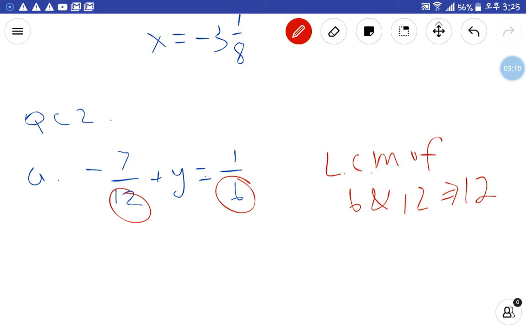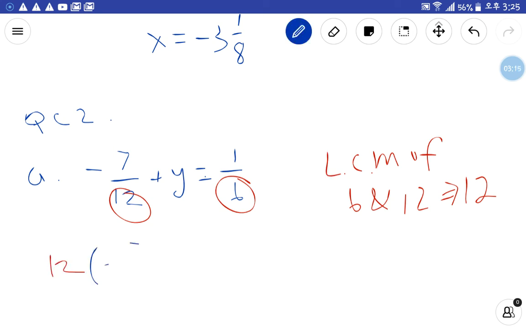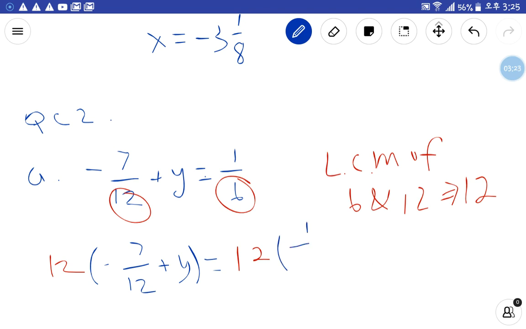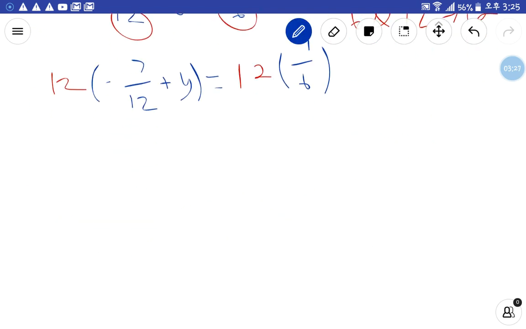Now what? Multiply 12 on each side, then you can simplify your equation in an easy way so that you're not going to have any fractions. So I have to multiply 12 on each side. Then I would have this 12 distributed on the left, and you can multiply 12 with 1 over 6.